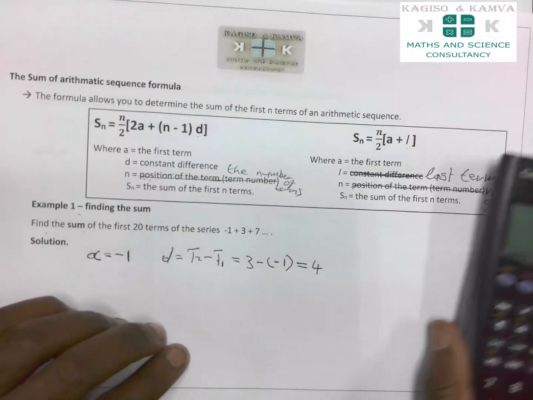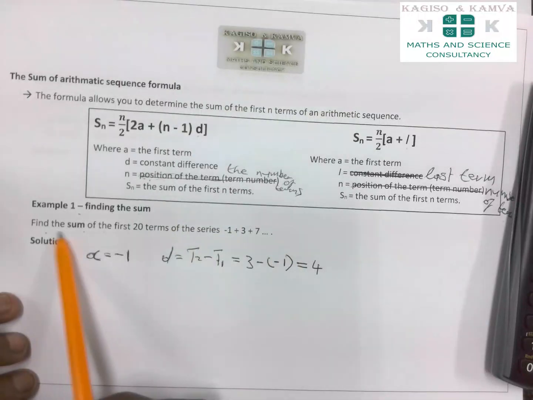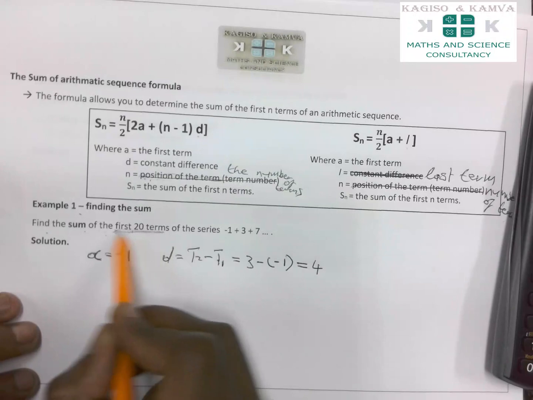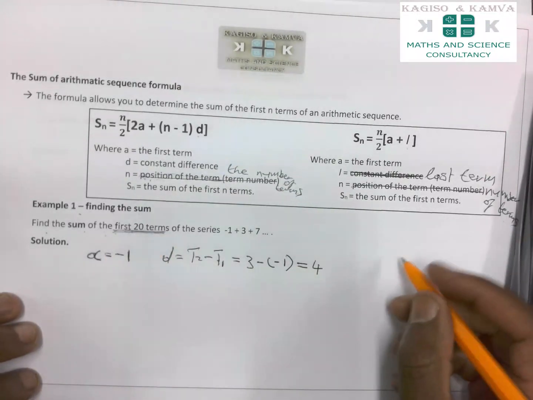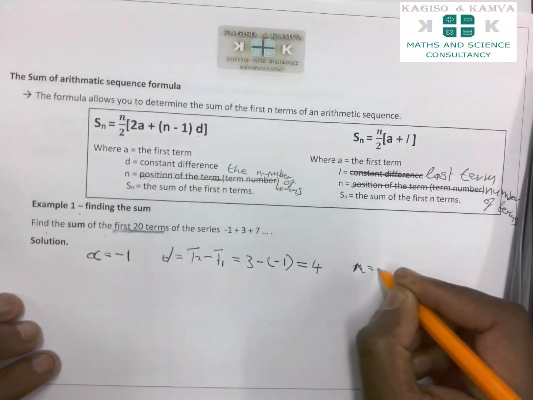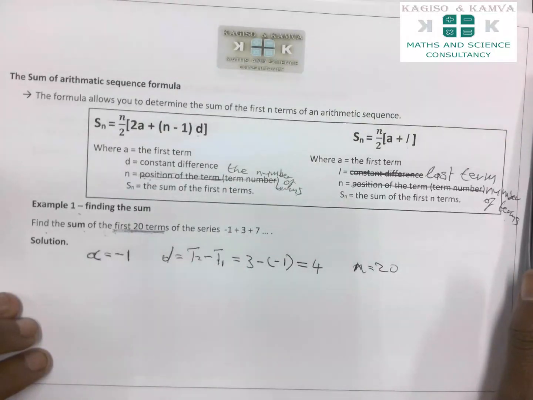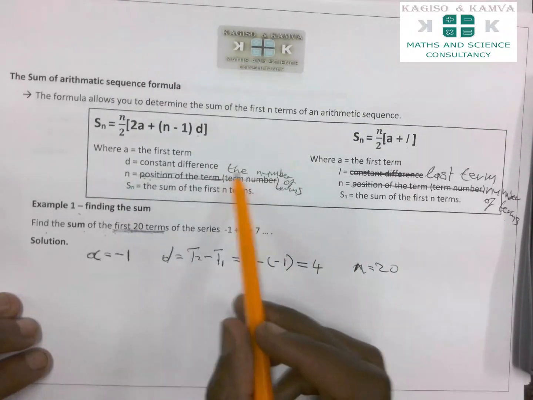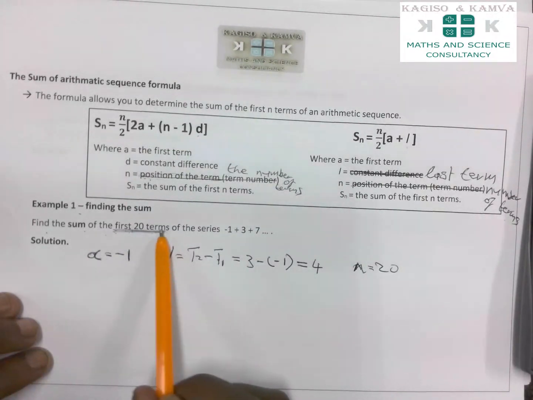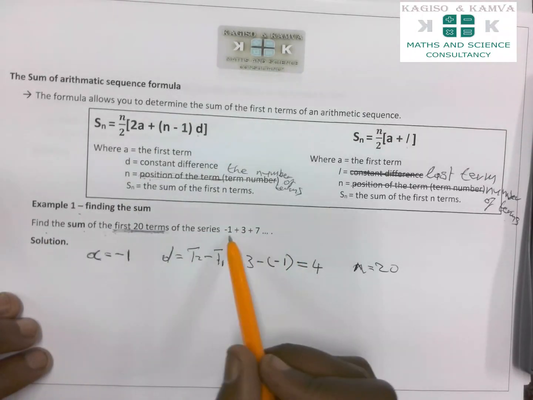Now we are asked to find the sum of the first 20 terms. So n is equal to 20, which is the number of terms. As you can see here, we don't have the last term.